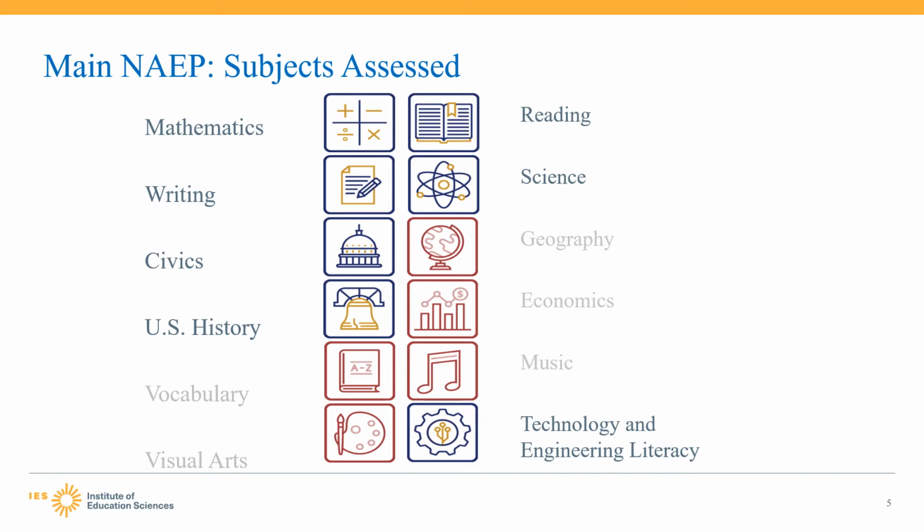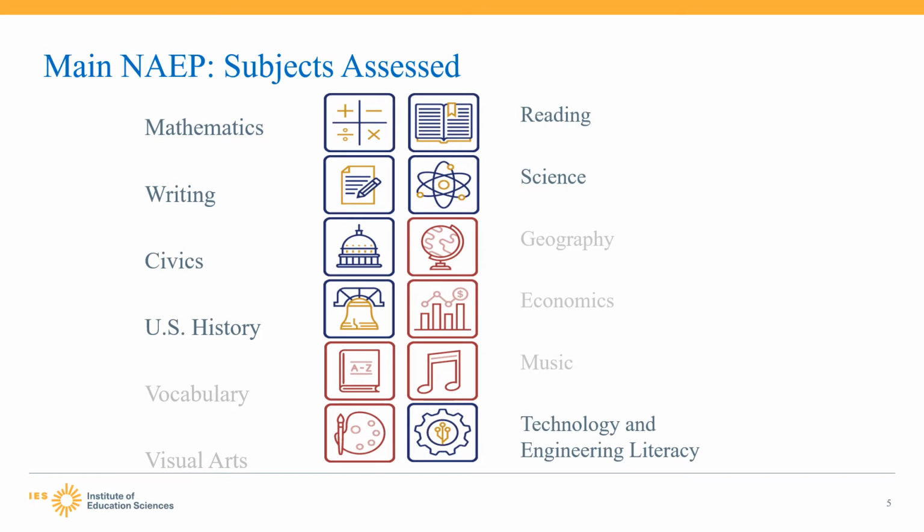Here is the list of all the subjects that NAEP used to assess either at the national, state, or urban district level. You can see all 12 together with their respective icons. Until 2017, all the subjects on this slide appear on the schedule of assessments.